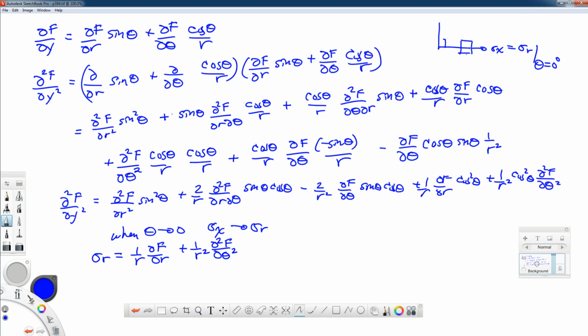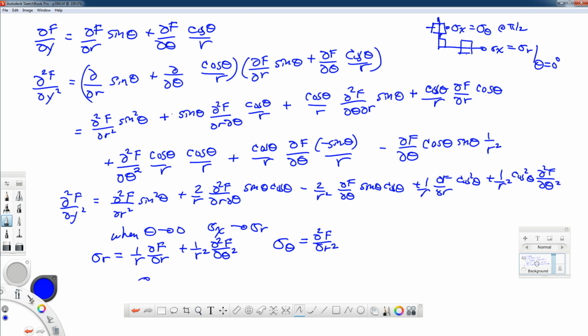Likewise, if we go to pi over 2 radians, sigma x will turn into sigma theta. And in that case, sigma theta reduces down to second partial of f with respect to r twice.